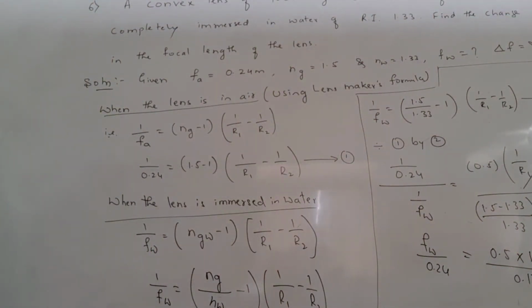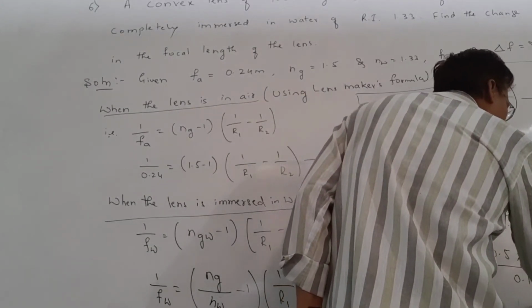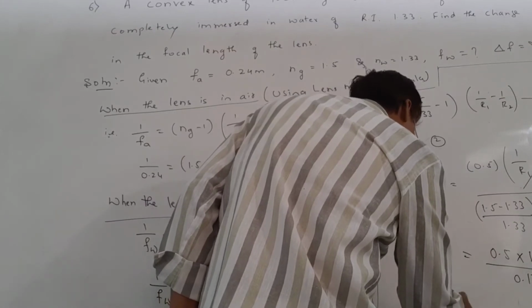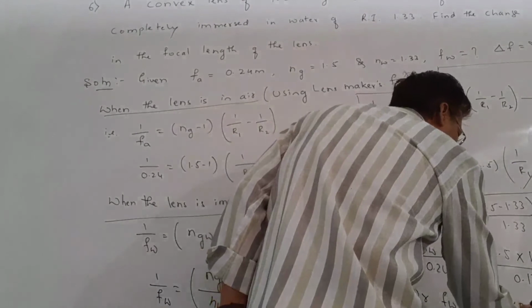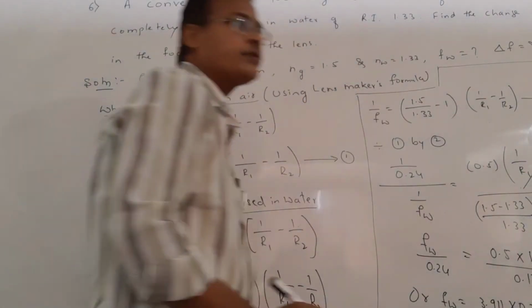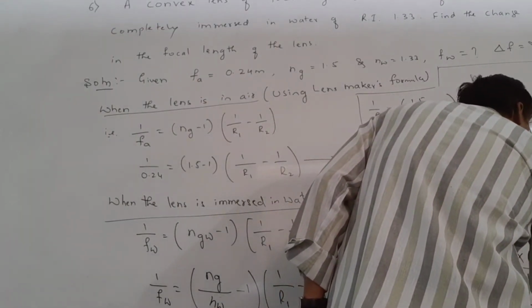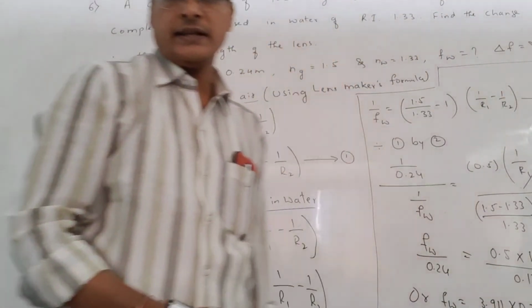It is 3.911, so Fw equal to 3.911 into 0.24. Fw equal to 0.9388. So 0.9388 meter. Okay, 0.9388 meter.